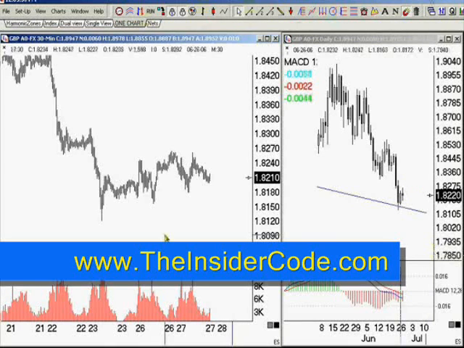So how can we verify this with our volume or our activity analysis? Well, first of all, what do we want to see? Well, we want to see as price is coming down. Now, this isn't something that's quite as simple as looking at a trend line, because a trend line, as you can see here, gives us a definite price. We have a pinpoint price at which to look at.